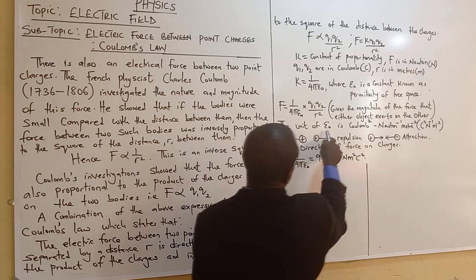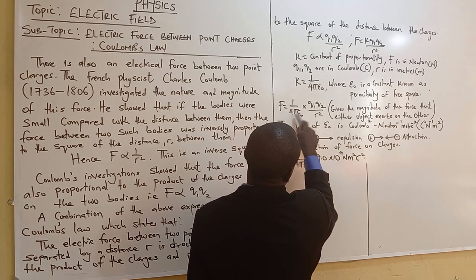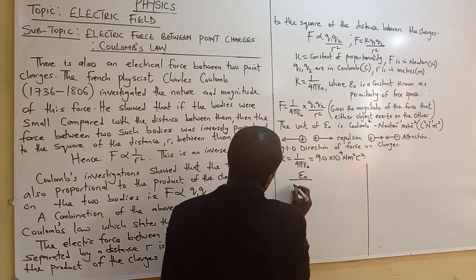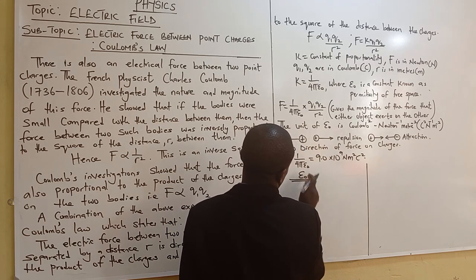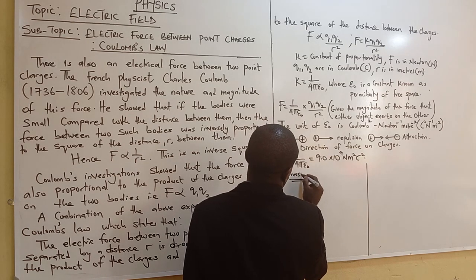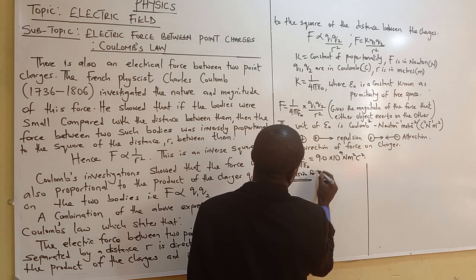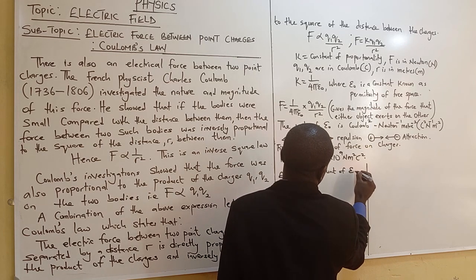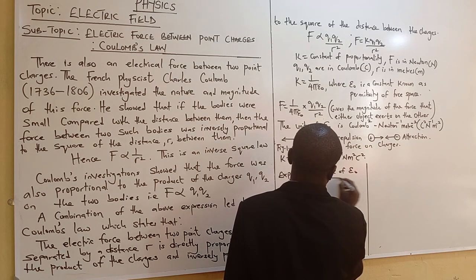You can see that this is our epsilon naught here. We want to get an expression for the unit of epsilon naught, the permittivity of free space.